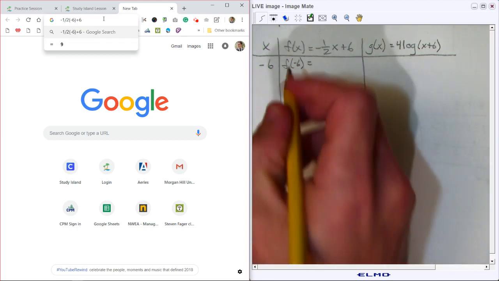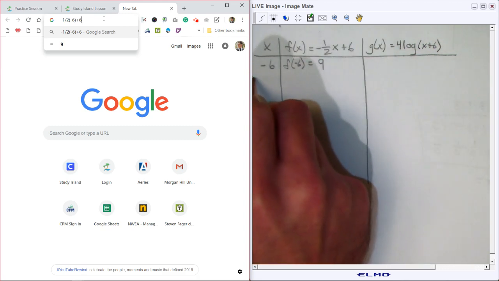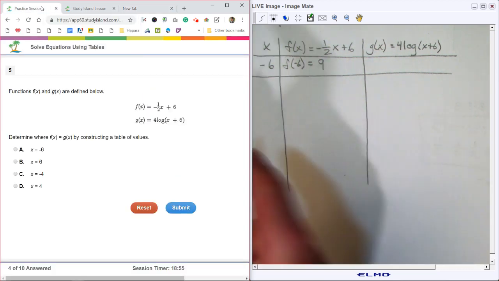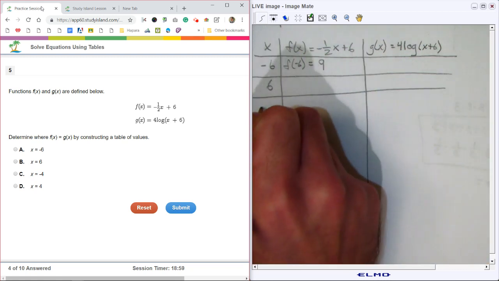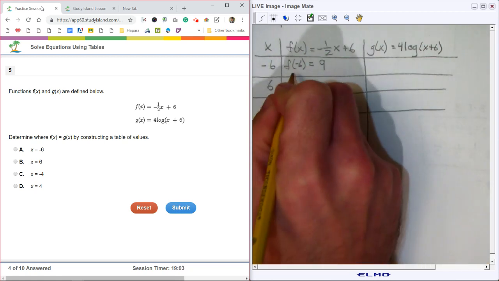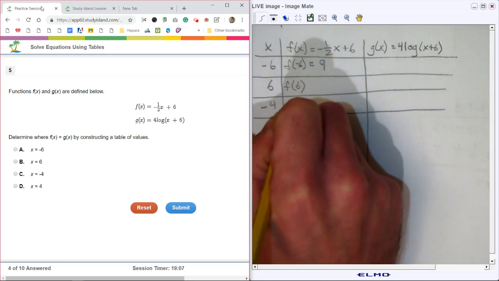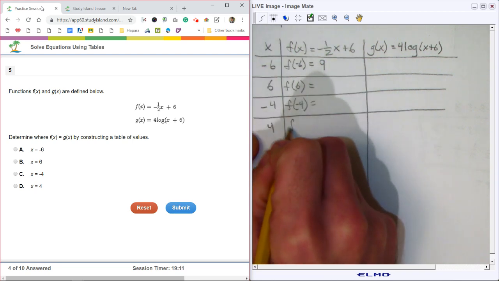Okay, so the first one is 9. What other values do we have here? The other values that we have are positive 6, negative 4, and positive 4. So first we did f of negative 6, then we're going to do f of positive 6, then f of negative 4, and f of positive 4.